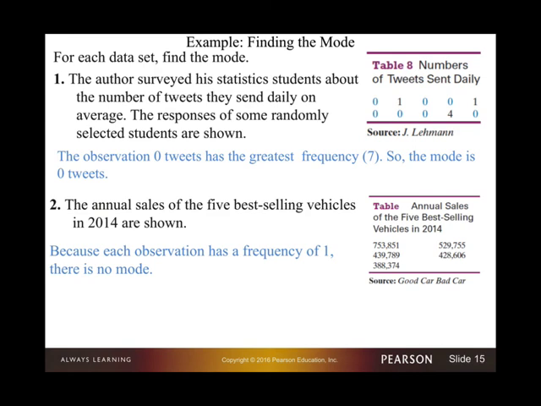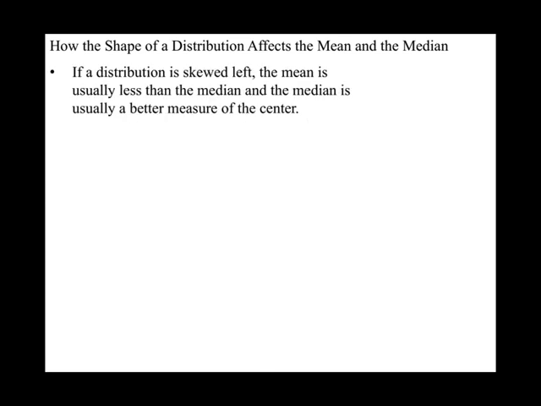Okay, so we just learned the measures of the center, the median, the mean, and also the mode. So how does the shape of the distribution affect the mean, the median, and also the mode? If the distribution is skewed to the left, again, skewed to the left means the left tail is longer.